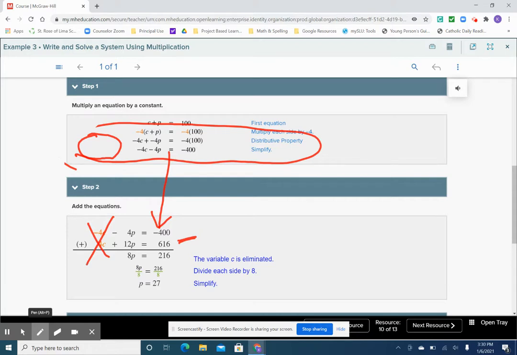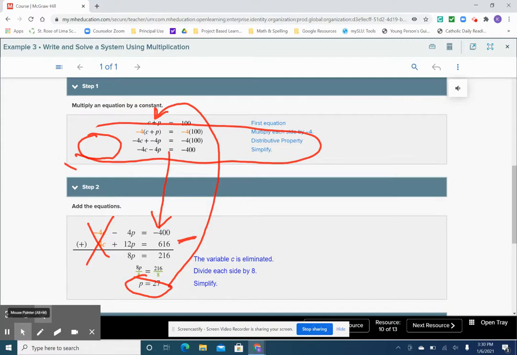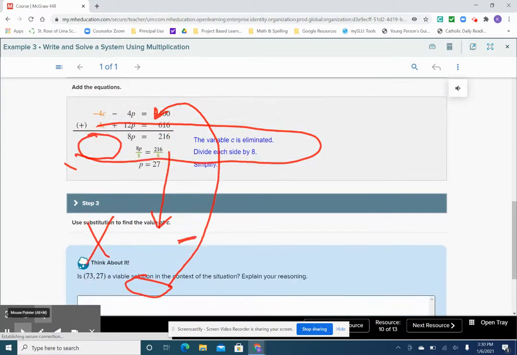Negative 400, positive 616 is 216. Divide by 8 on both sides. So you know that your paperback copies, you had 27 of those copies. And then you just plug in the 27 into your original equation, something plus 27 equals 100, to get your answer for the number of hardback comic books.